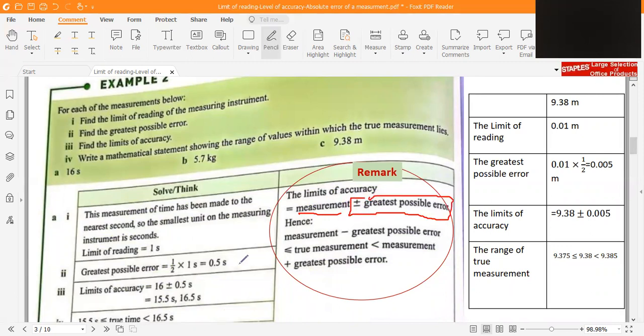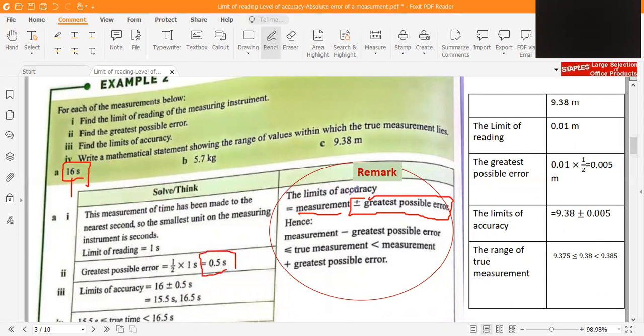So if we have, for example, 16 seconds, the last significant figure is 6, which is located in the unit digit. So 1 second is our limit of reading, and the greatest possible error is half of this value. So 0.5 second is our greatest possible error.